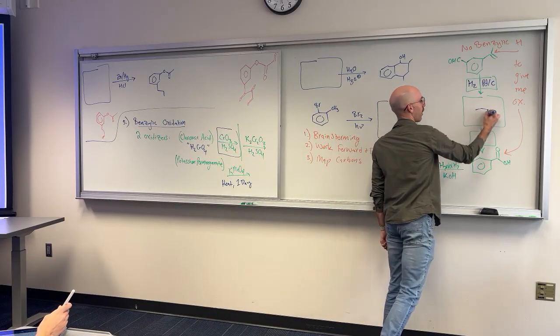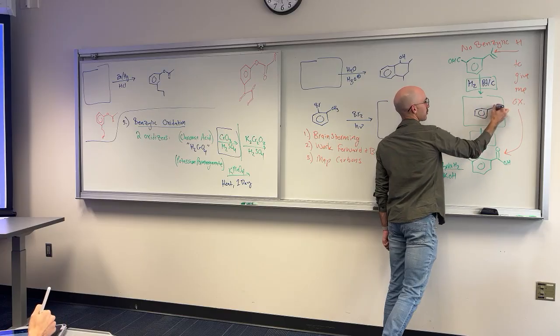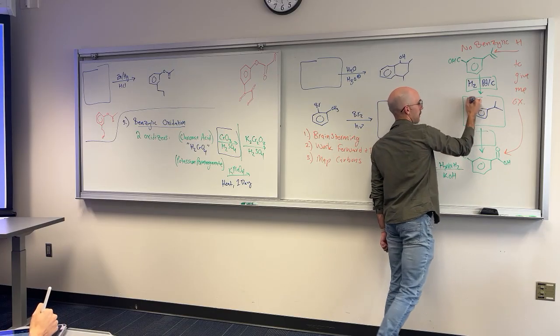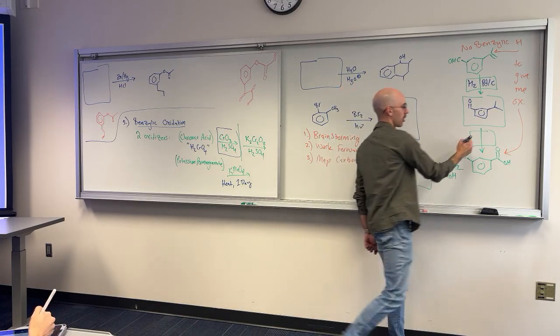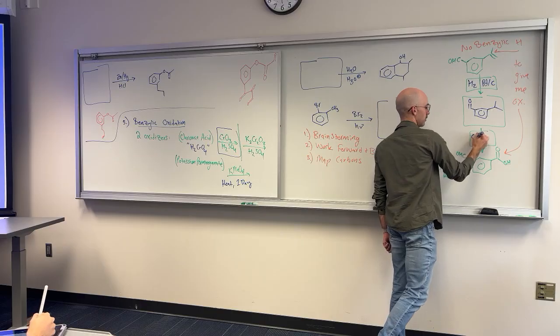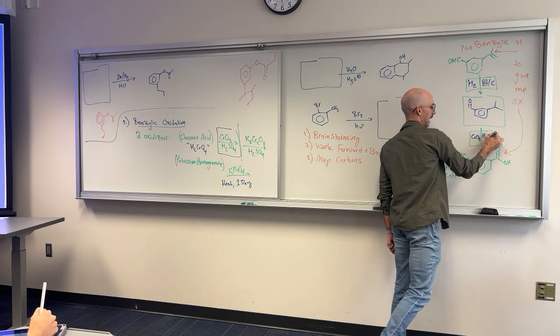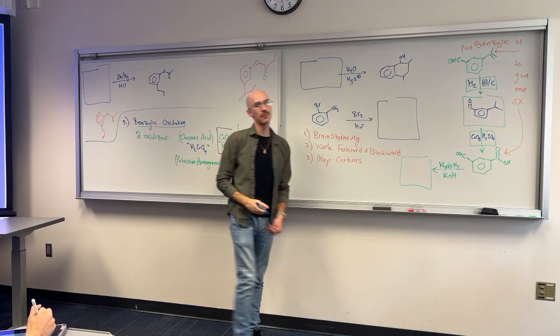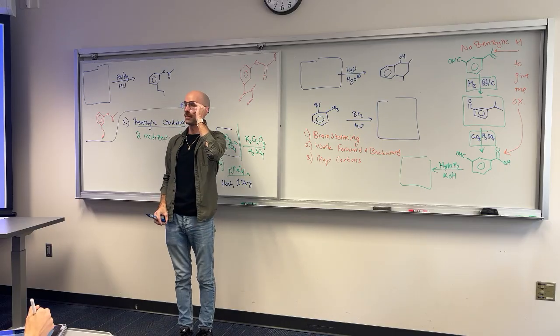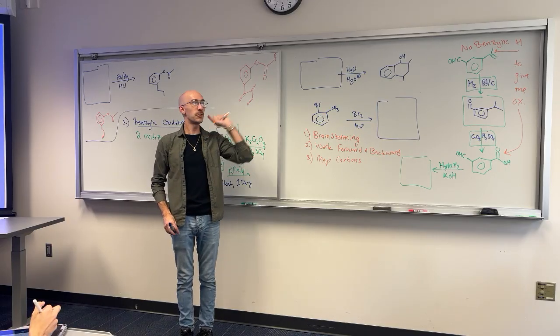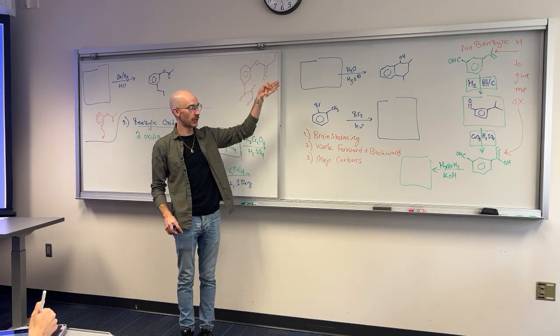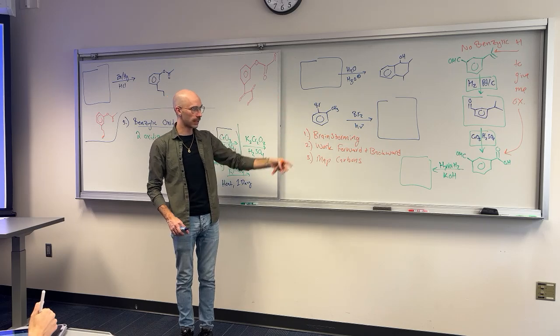So we get our hydrogenation product, which now can go through oxidation. I'm going to put chromic acid. And this is where my fatal flaw is. If you were following my thought process, then you understood hydrogenate, oxidize.